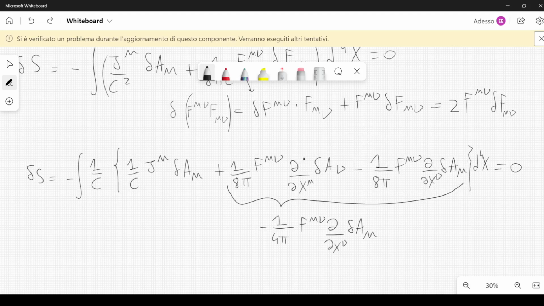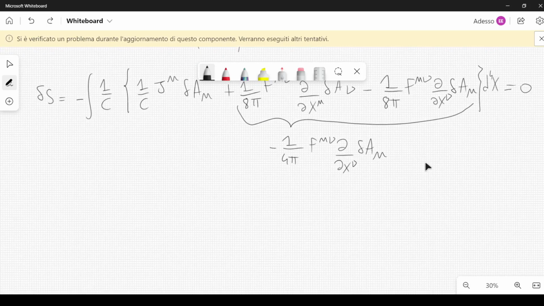It's easy to check because you can, for example, change here in this first part, this term here, mu to nu, and then you can change nu to mu, and then you can easily see from that, for example, if you rewrite this as minus f nu mu, and you do what I just said, so if you change nu to mu and mu to nu, and you can do that since these are all dummy indices, you will get that the expression will be equal to this one. So you can rewrite it like this. Basically, this one multiplied by 2. And that's why I have a factor of 4 here.